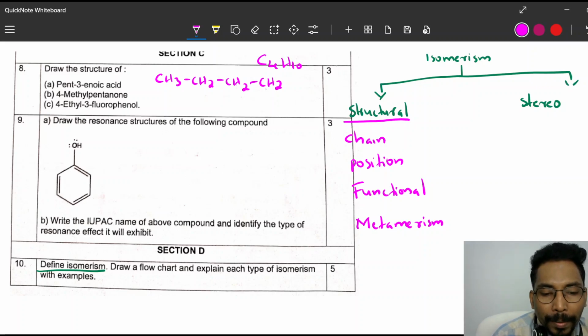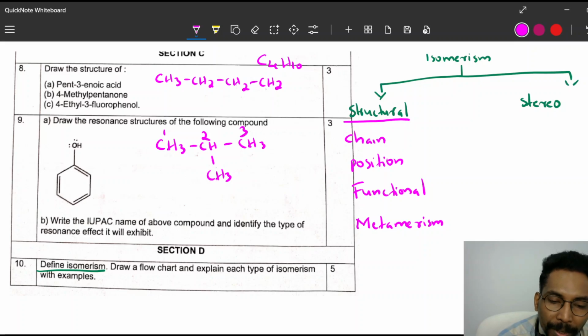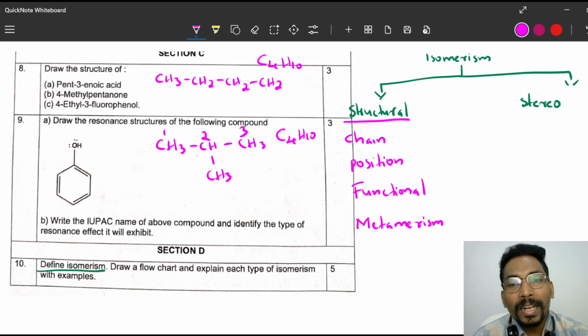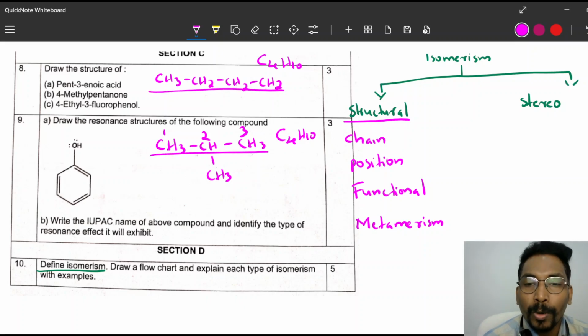And 2-methyl propane: CH3, CH, CH3, CH3. 1, 2, 3. 2-methyl propane is also having the same molecular formula C4H10. Same molecular formula, but they have different parent chain. Here the parent chain is but, here the parent chain is prop. Okay, so they are chain isomers.